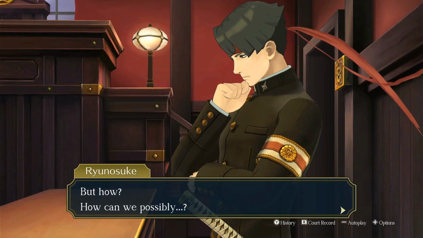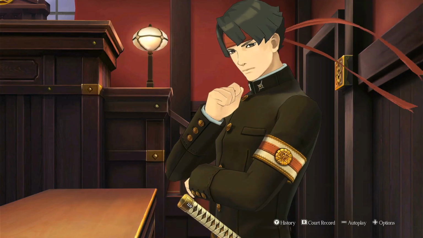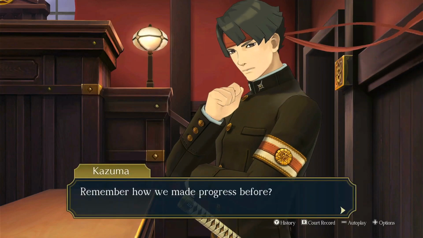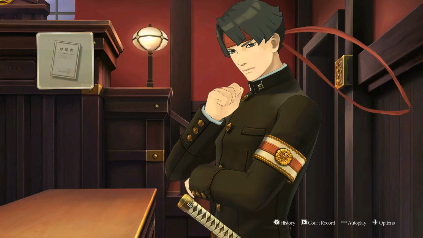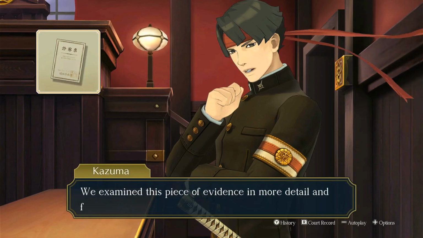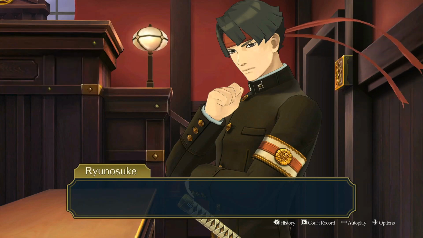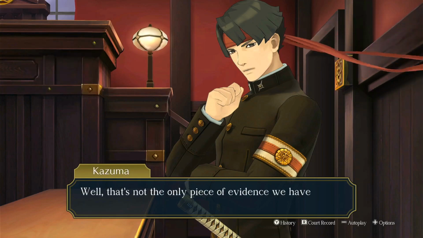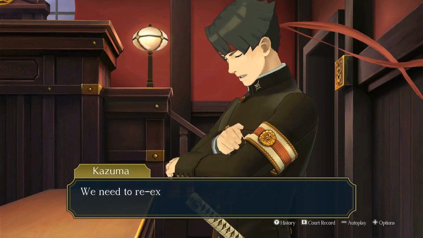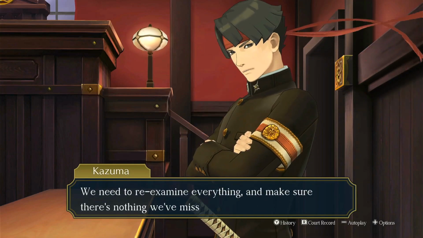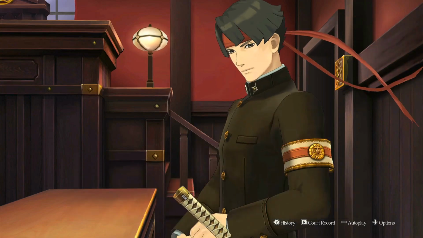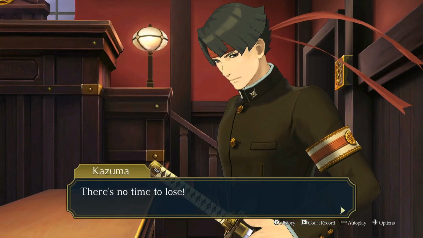But how? How can we possibly... Remember how we made progress before? We examined this piece of evidence in more detail and found a new clue as a result. Oh, yes, that's right. Well, that's not the only piece of evidence we have, is it? We need to re-examine everything and make sure there's nothing we've missed. There's no time to lose.